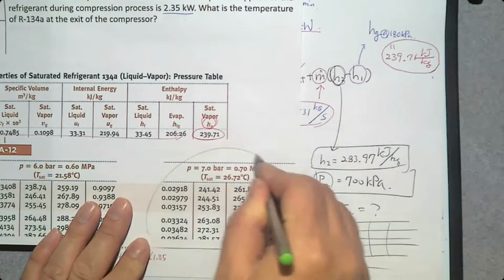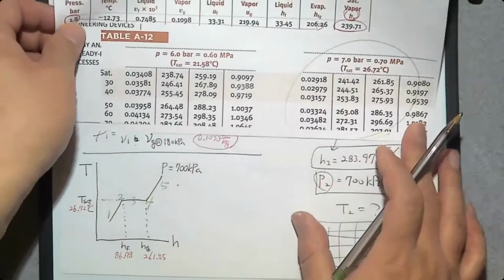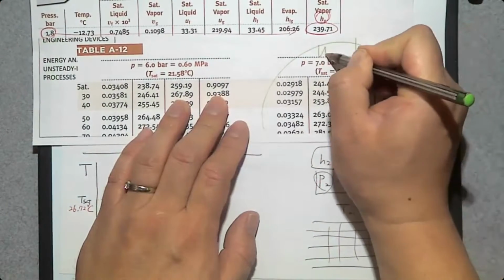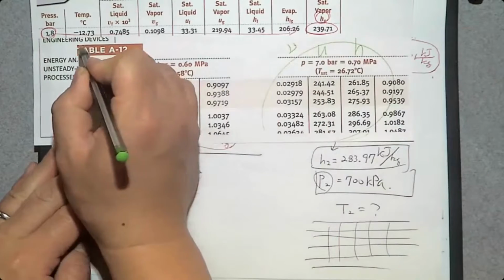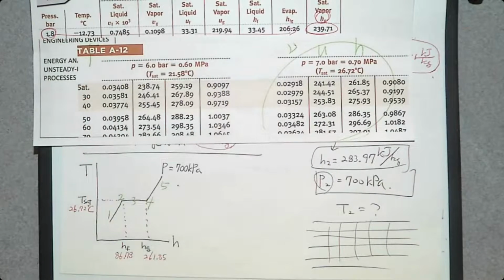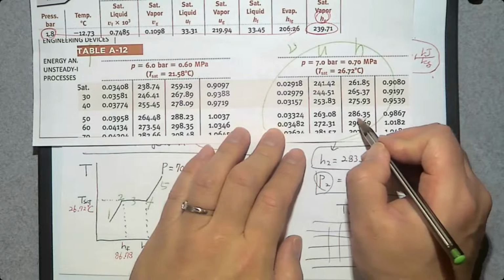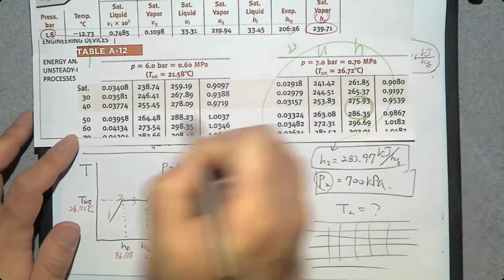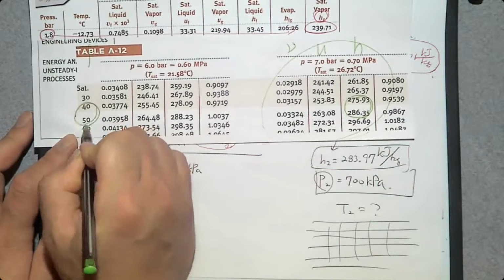This is the superheated vapor table. And this one is H, U, and V. There's a temperature T. So what is our H value? 283 is between these two numbers. So the temperature is going to be between these two numbers.